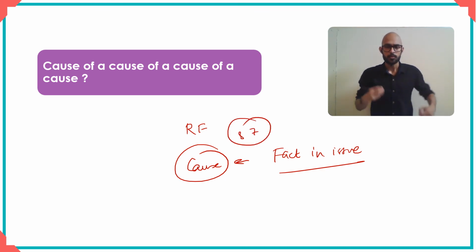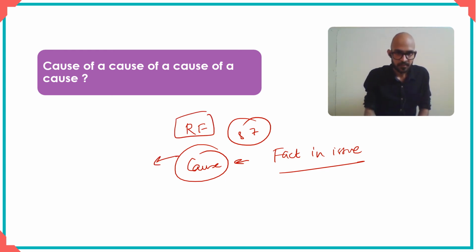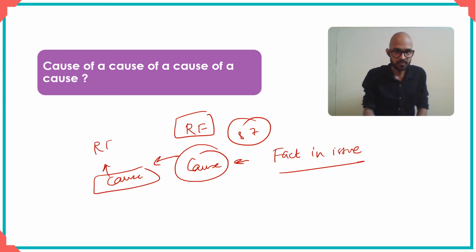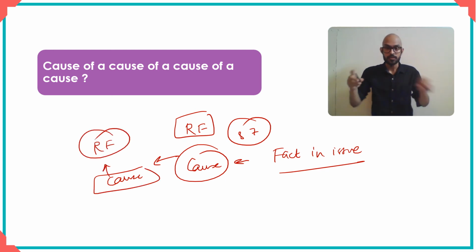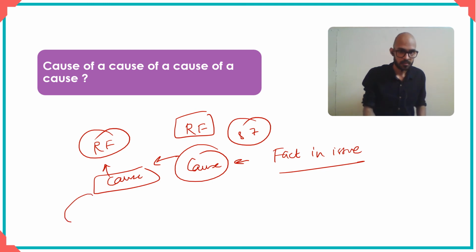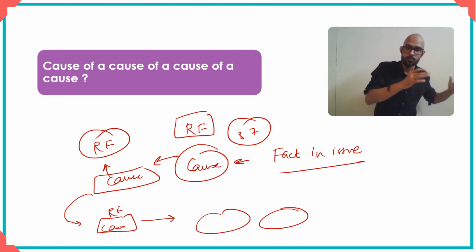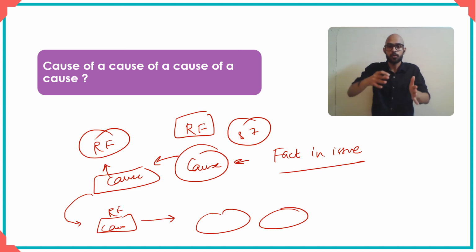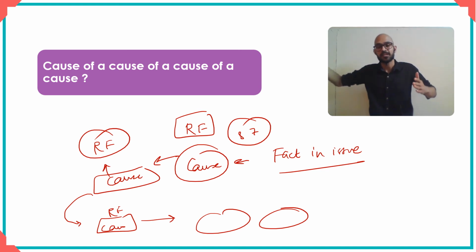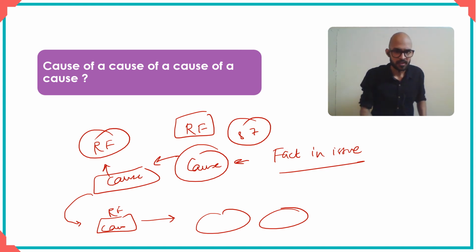We also saw that a cause of a relevant fact is again a relevant fact under section 7. Now this fact would also have a cause. This would also be relevant under section 7. And this can go on because everything will have a cause. So you can just limitlessly look for the cause of a cause of a cause of a cause and make that relevant under section 7.